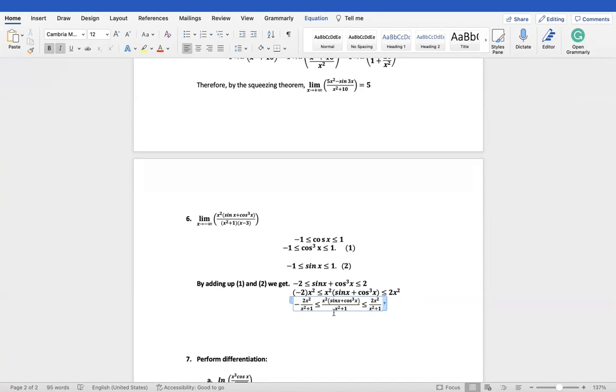So now we have to divide by x minus 3. Should we change the sign of the inequality or not when we do that?